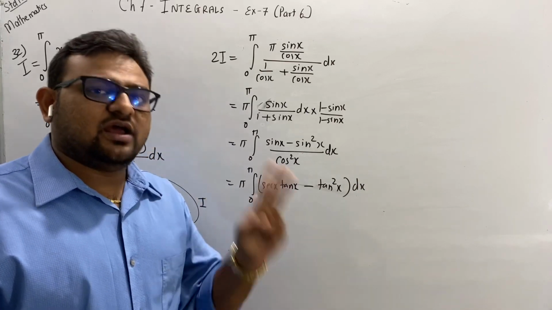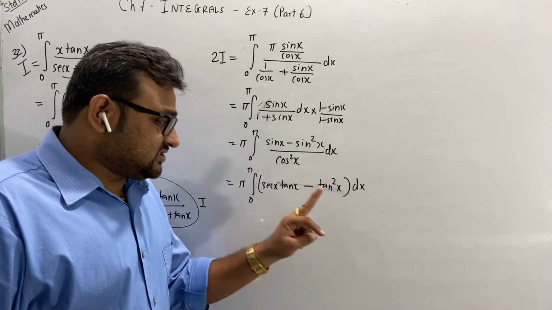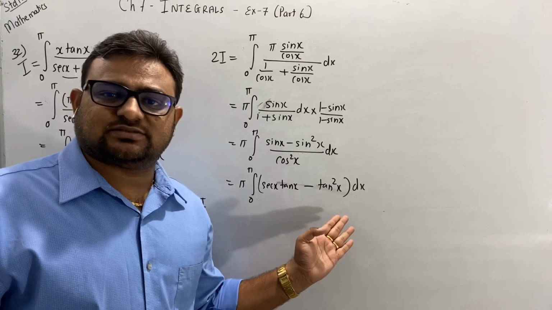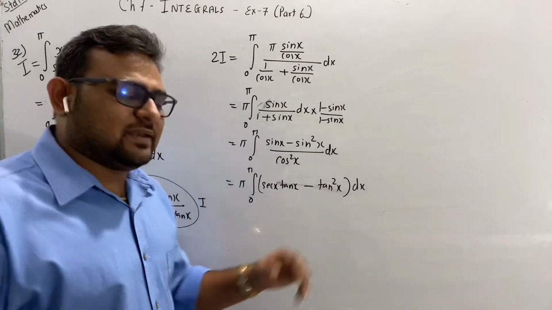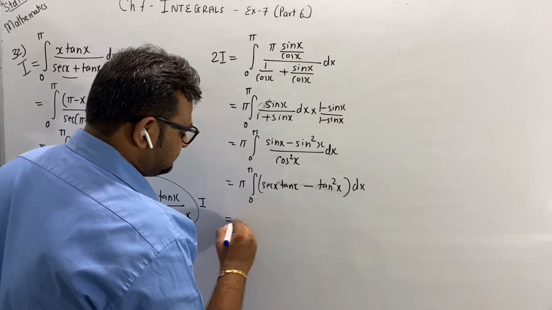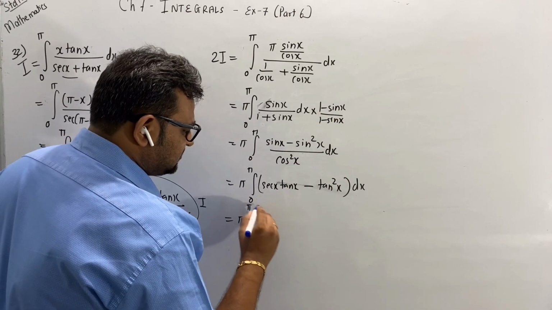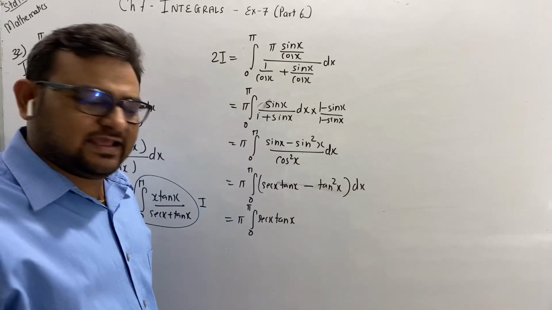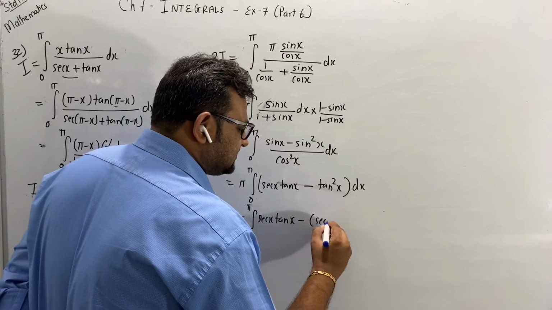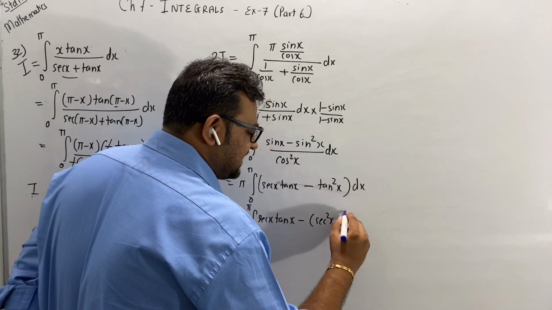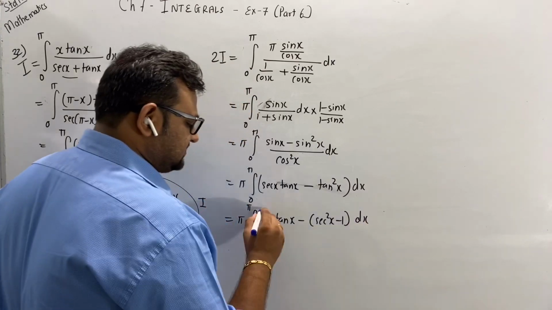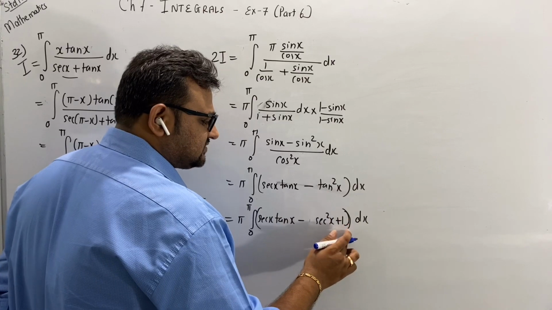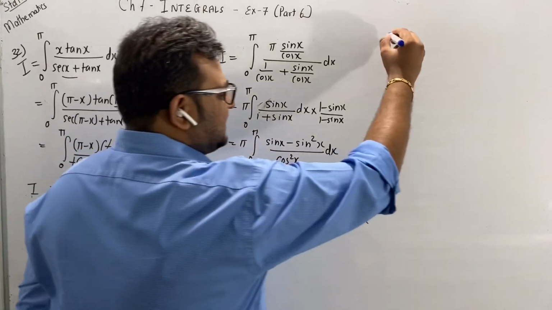If it was cos square, 1 plus cos 2x by 2. And if it is tan square, then we will convert it into sec square x. So integral 0 to pi, pi outside, sec x tan x minus, tan square x will be sec square x minus 1, dx. So I can write this as minus minus plus. Okay. So now I can easily integrate it.